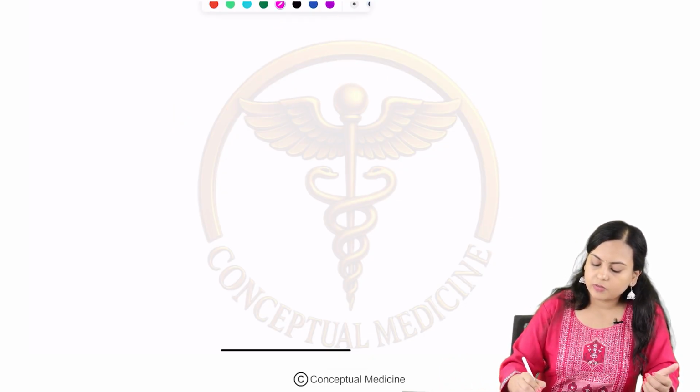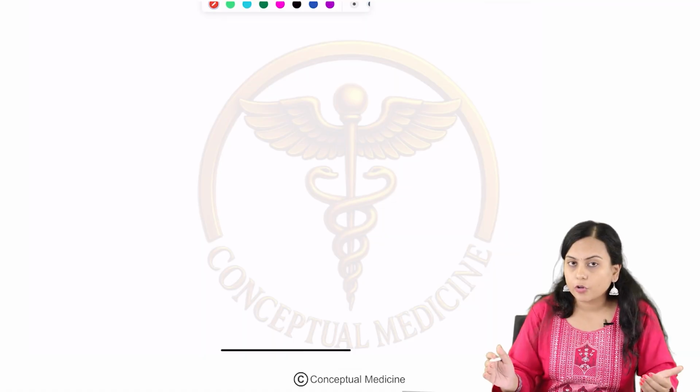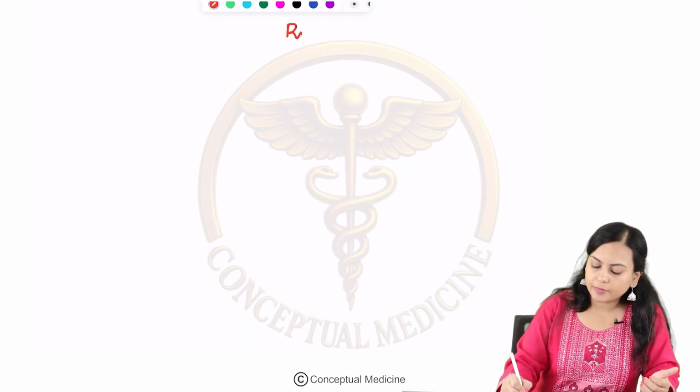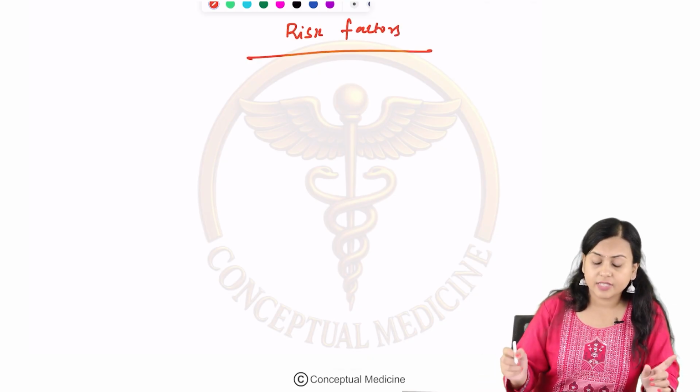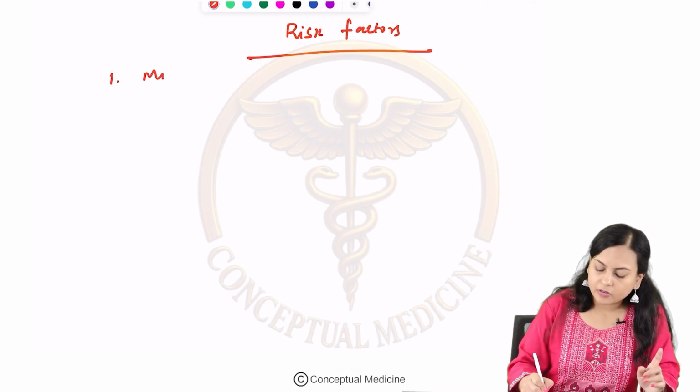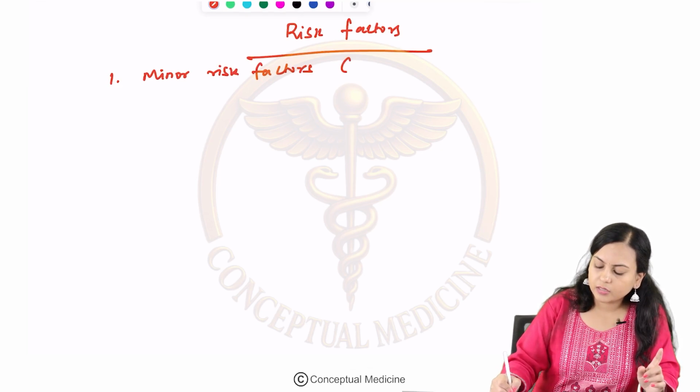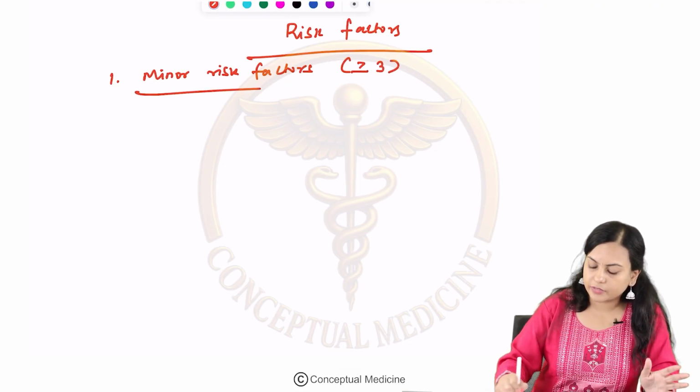Okay, so now we'll see how we are going to follow up these patients. So following up can be designed based on the risk factors present. So I'll take the first category where there are more than or equal to 3 minor risk factors.